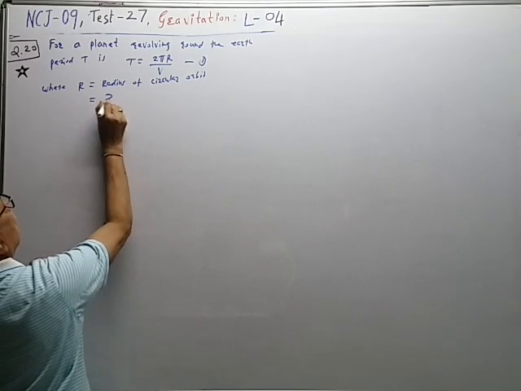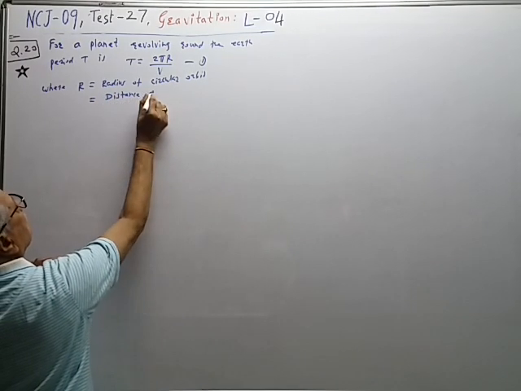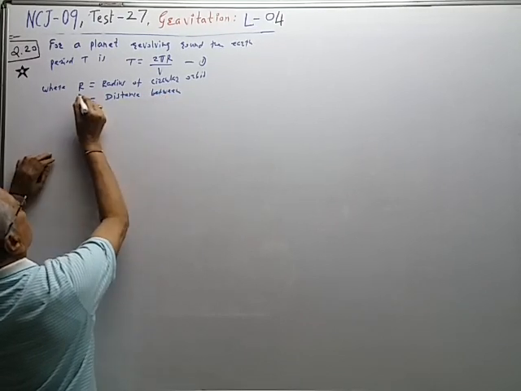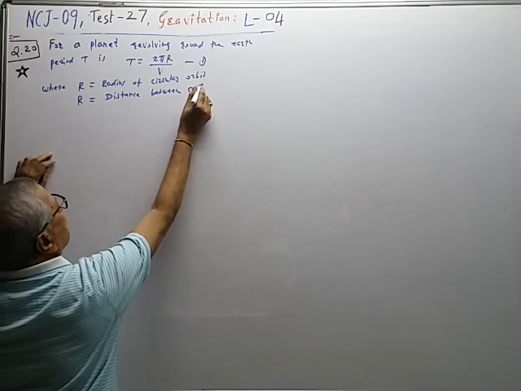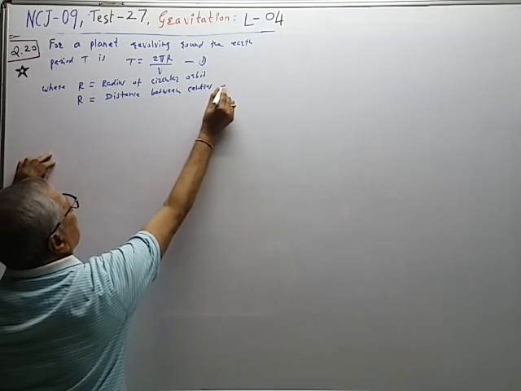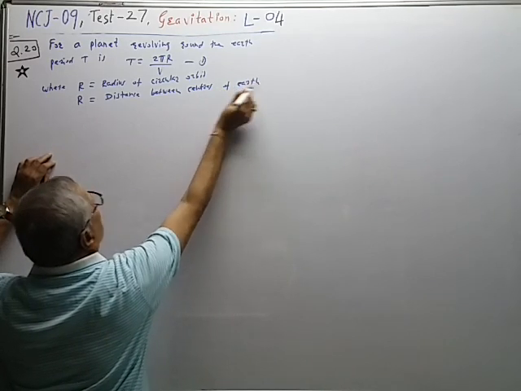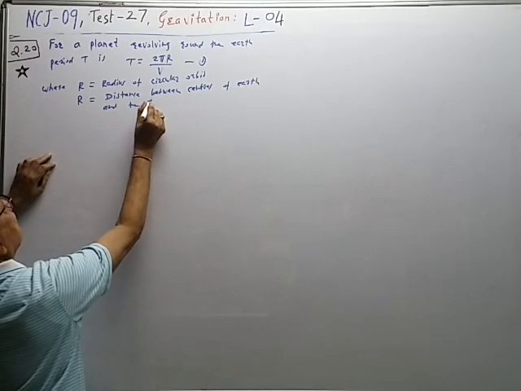It is also equal to the distance between. The second meaning of r is important. R is equal to the distance between centers of Earth and the planet.